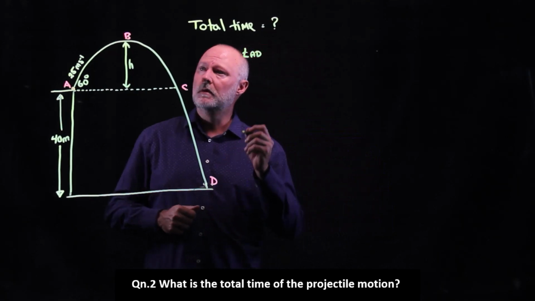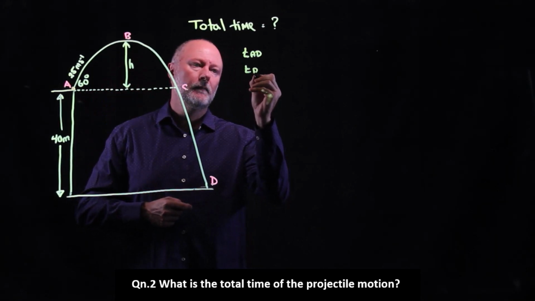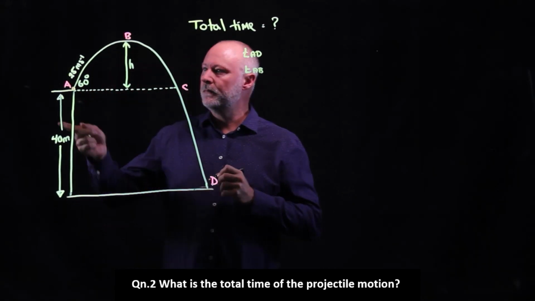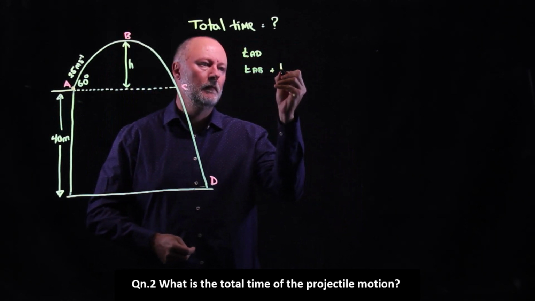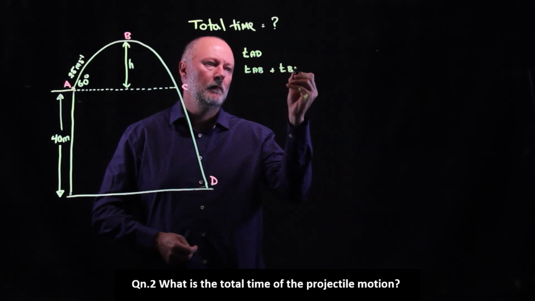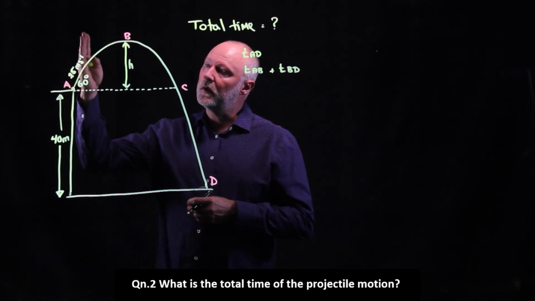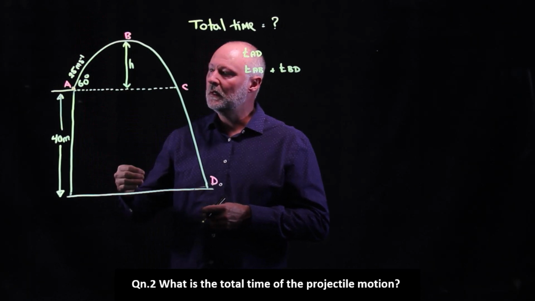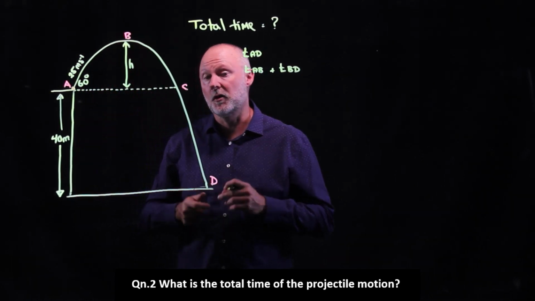Our second option is we could work out the time from A to B, and then the time all the way down from B to D. Because we're using the velocity vertical, acceleration vertical, displacements vertical to work out the time. So all this is going to be calculated using vertical information.